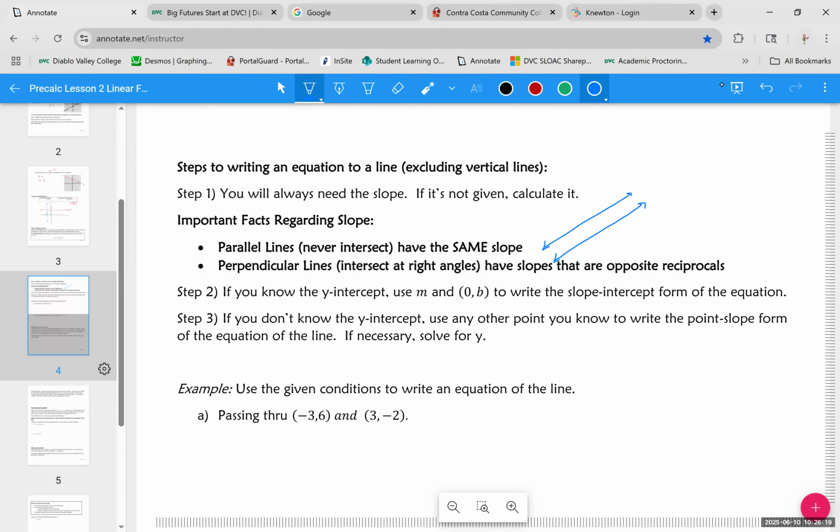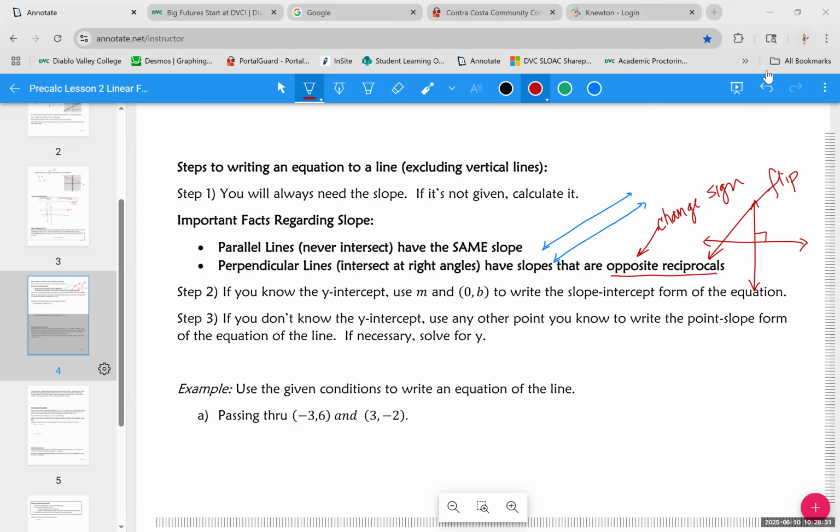Perpendicular lines, on the other hand, are lines that intersect at right angles. So a great example would be like the x and y axes. Those intersect at a right angle, a 90-degree angle. Okay. And their slopes are two things: opposite, so you have to change the sign, and reciprocals, which means you want to flip the fraction.